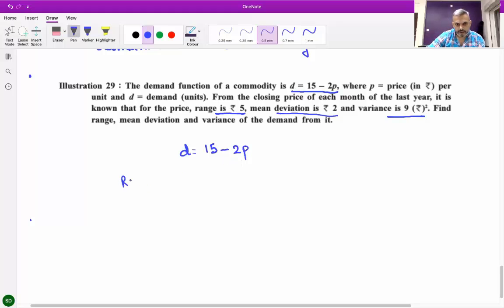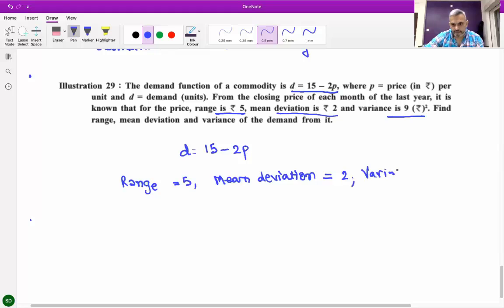Now range is equal to 5. Mean deviation is equal to 2. Variance is equal to 9. Now over here, 15 minus 2P.